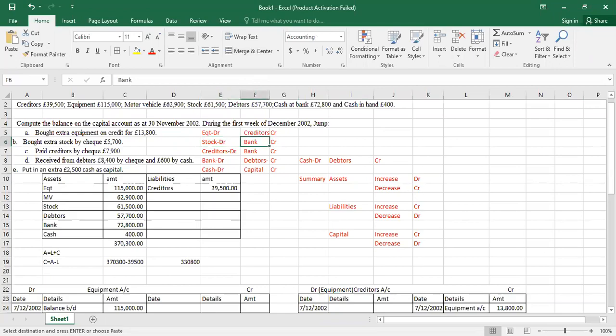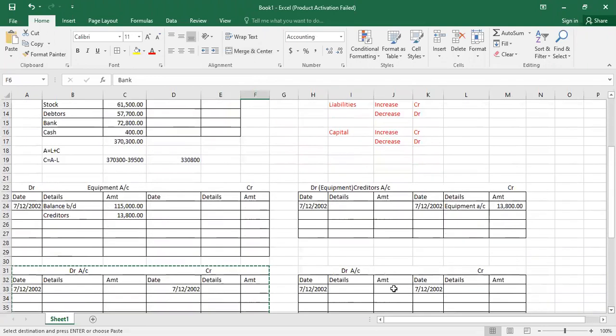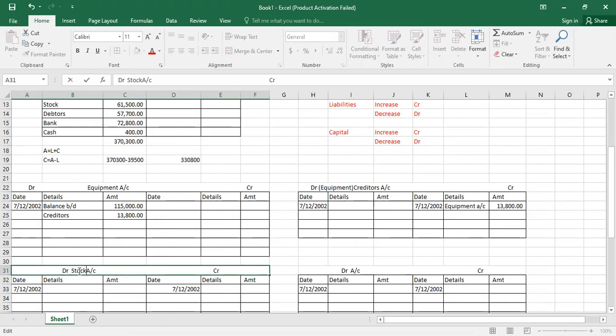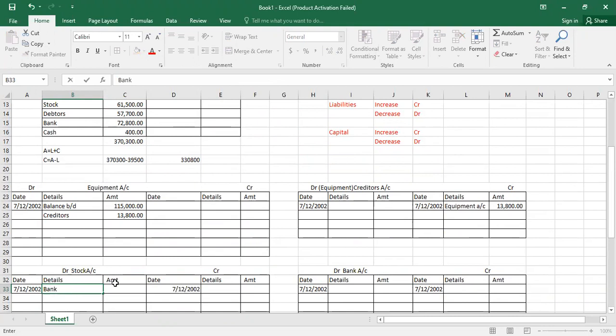So we have the stock account and we have the bank account. So I'll come down here. One of my books will be stock account. The other book will be bank account. So it becomes easier. What was the value of the stock?